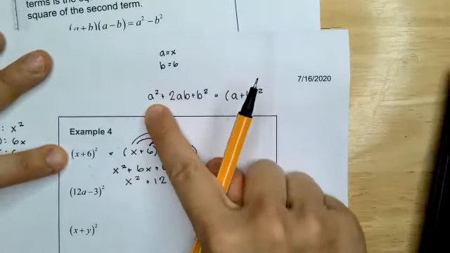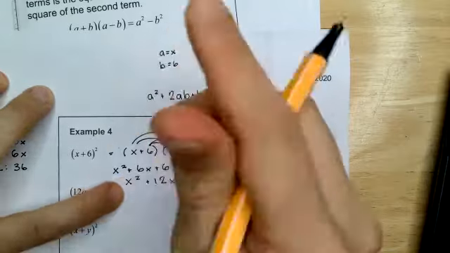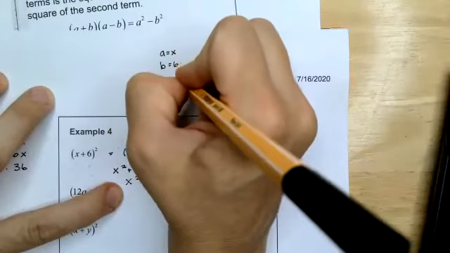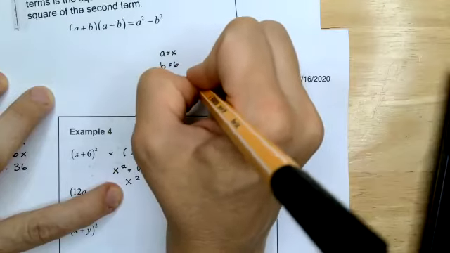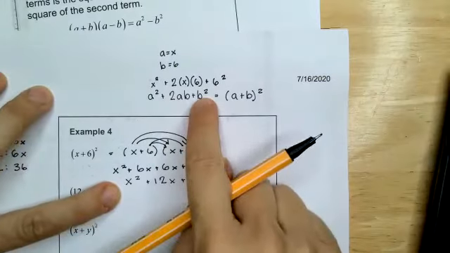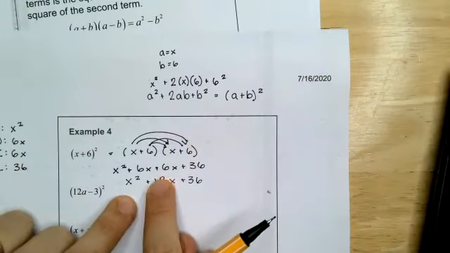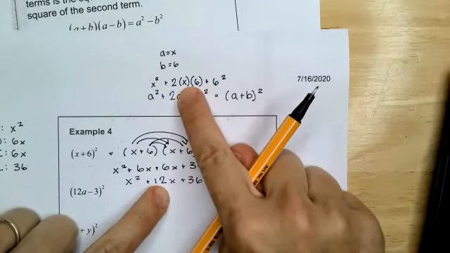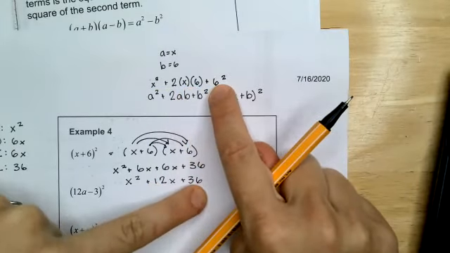So if I said x squared plus 2 times x times 6 plus 6 squared, would that be true? X squared plus 2 times 6, which is 12, times x plus 6 squared, which is 36.